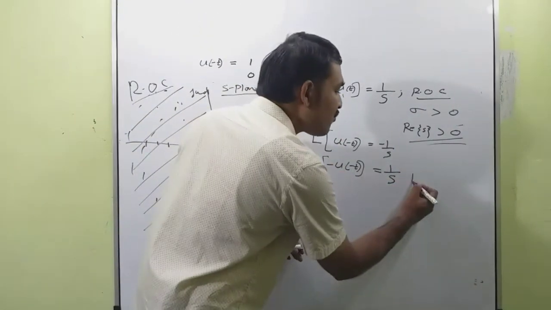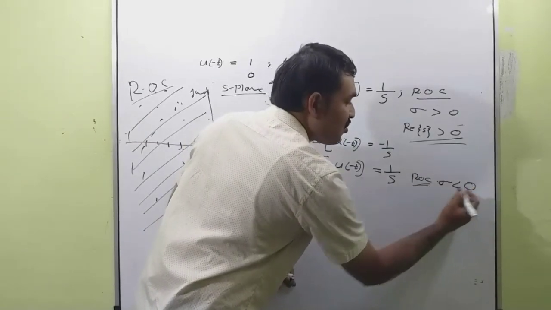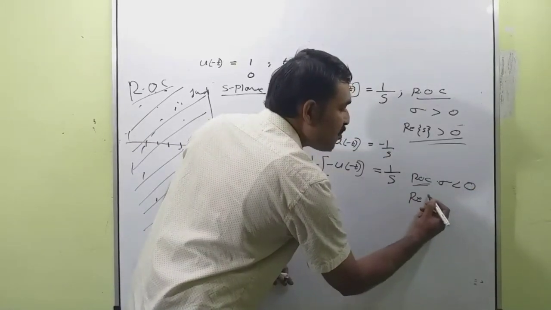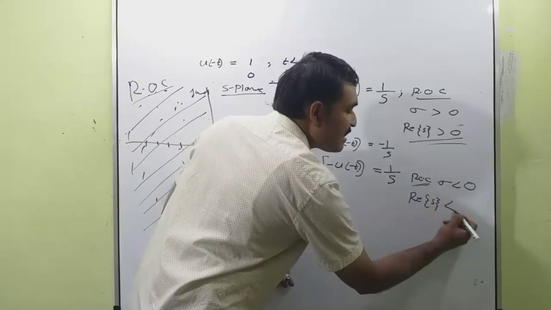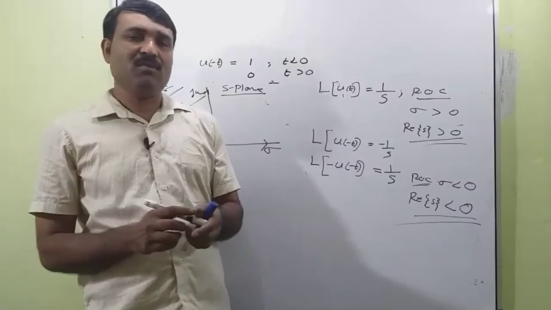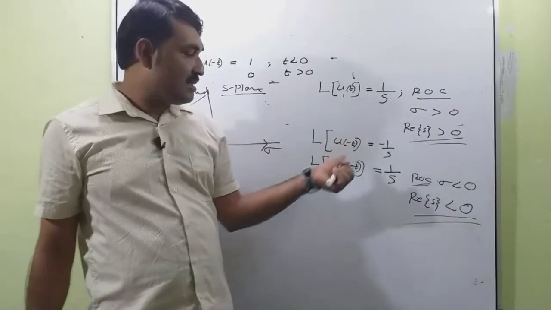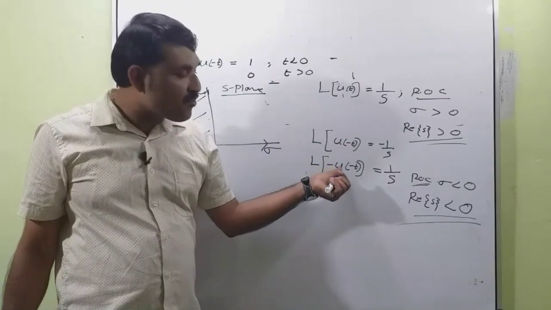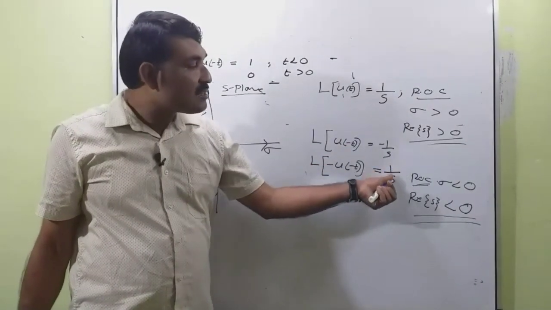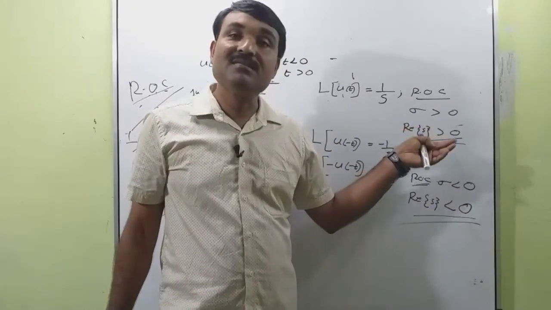But the region of convergence here is sigma less than 0, or the real part of s is less than 0. So these are two different signals. For u of t the Laplace transform is 1 by s, and for minus u of minus t the answer is also 1 by s. Both answers are the same, but the region of convergence is different.